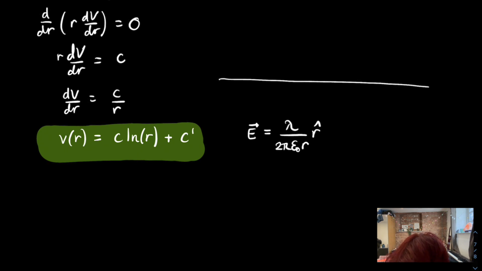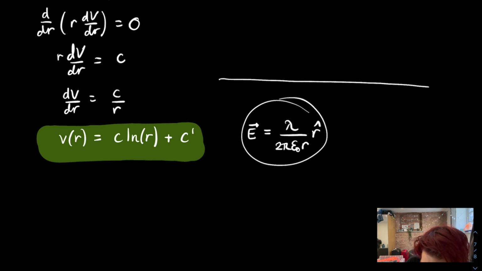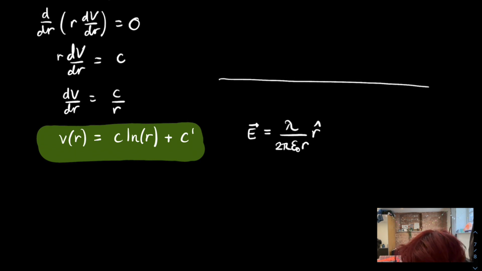We can see that if we integrate this to get the potential, because of course E is equal to minus the gradient of the potential, then we have a 1 over r, and when we integrate that, we get a log function. So this again confirms what would be happening in the cylindrical case.